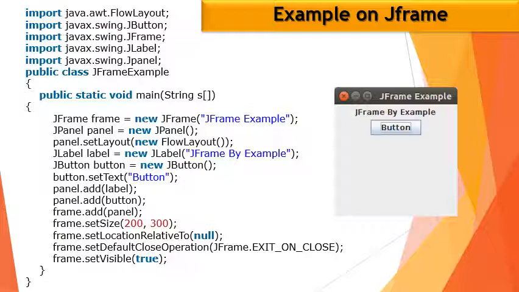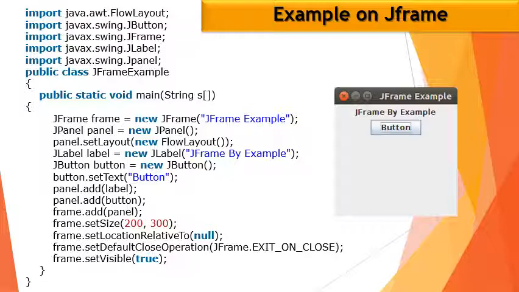Then panel.setLayout with new FlowLayout. Next is JButton button, equal to new JButton, which is the instance of JButton. And the next statement says button.setText, where we set the text as button.